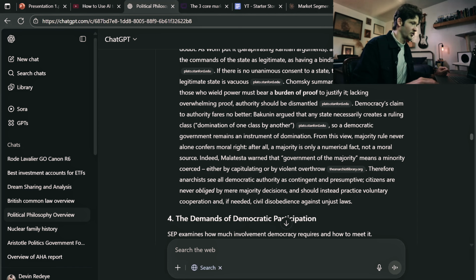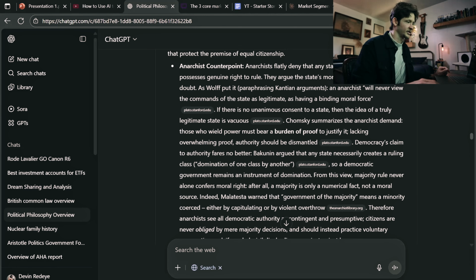Indeed, Malatesta warned that government of the majority means a minority coerced, either by capitulating or by violent overthrow. Therefore, anarchists see all democratic authority as contingent and presumptive. Citizens are never obliged by mere majority decisions, and should instead practice voluntary cooperation and, if needed, civil disobedience against unjust laws. And that's where I'll end the video.